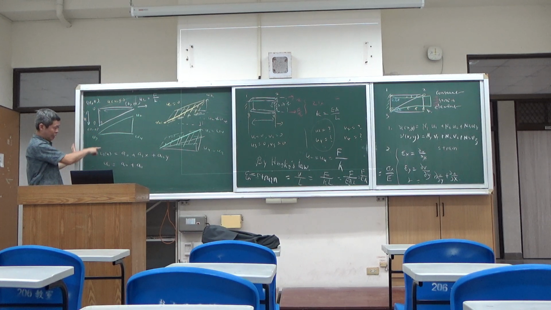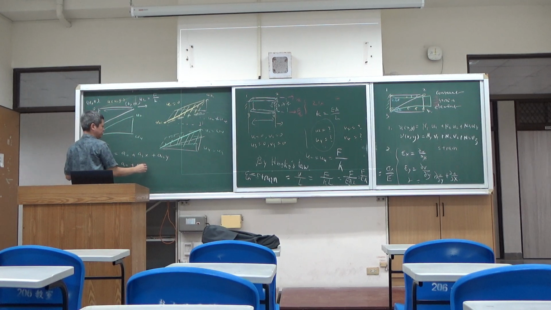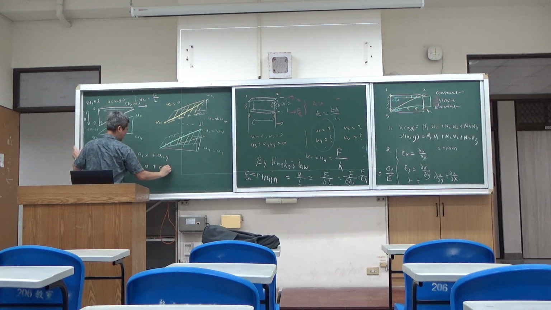I'm going to do the substitution to show you. So this is my U1 is 0, and it's still U1, my height.